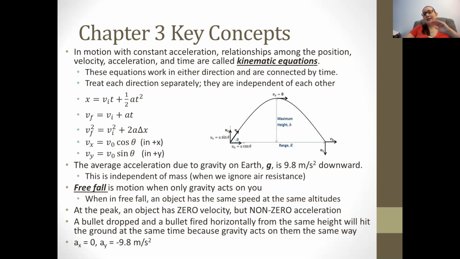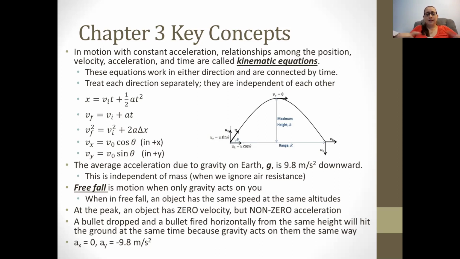And so in the y direction, vertically, it is momentarily 0 velocity. It can still be traveling sideways and have a non-zero x velocity, but vertically its velocity will be 0.